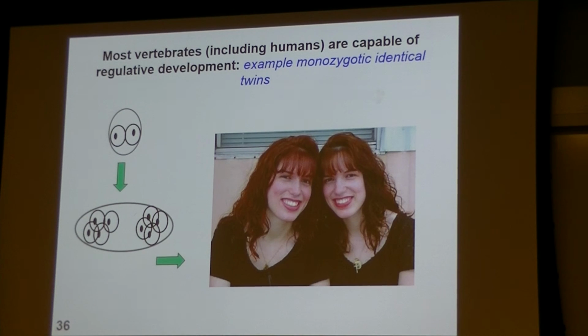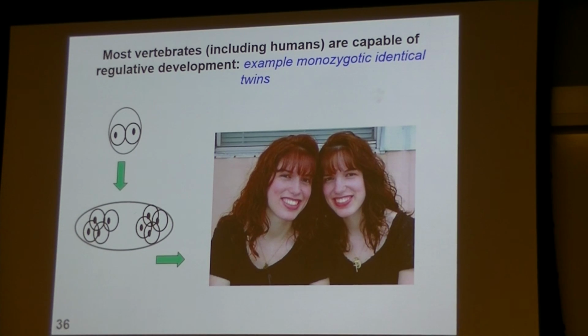Each of those bundles of cells can regulate, they can reestablish themselves as a complete and separate individual and give rise to two offspring. And here are two identical twins, which I think is amazing, how similar they look to each other, which they probably enhanced by wearing the same top and so forth. But it does show the extent to which regulative development can really operate here. Even though you have fewer of the original cells, they're both totally normal individuals.